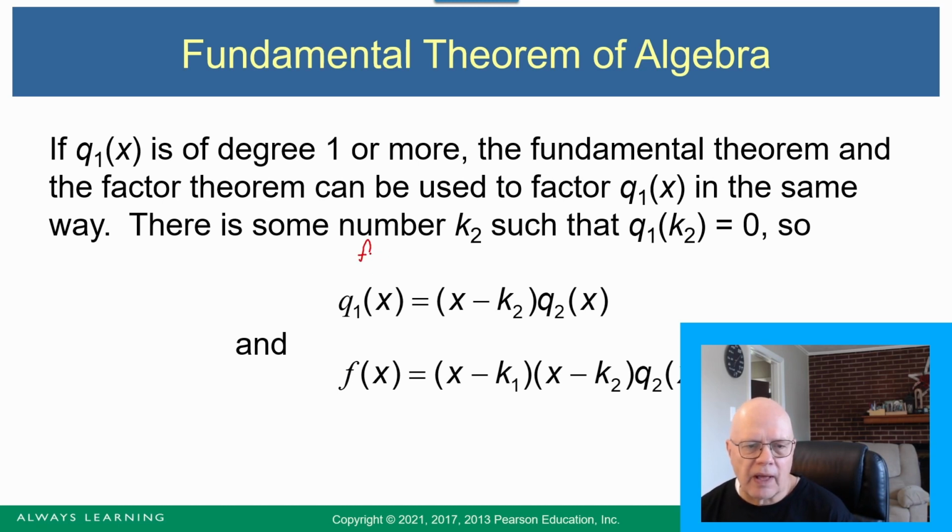You start with f of x. You find x minus k1 is a factor. Then you can find x minus k2, x minus k3, and so on.